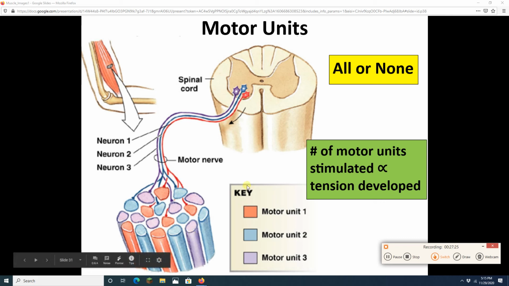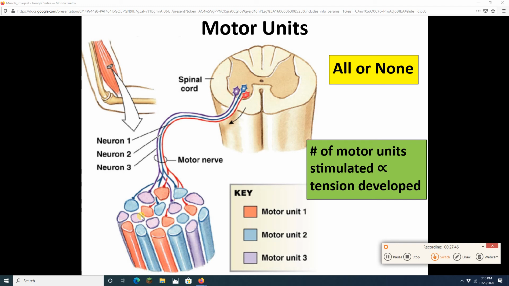If I want more tension, I'm going to send signals down this red motor neuron and contract another motor unit. If I contract the red and the purple motor units, I get more muscle fibers contracting and I get more tension.